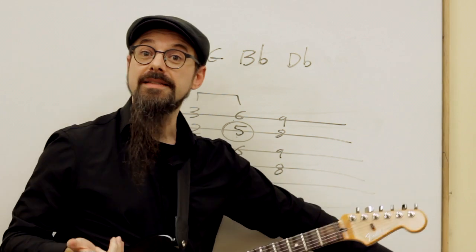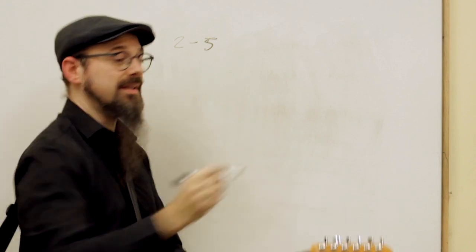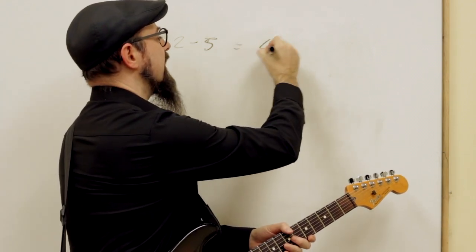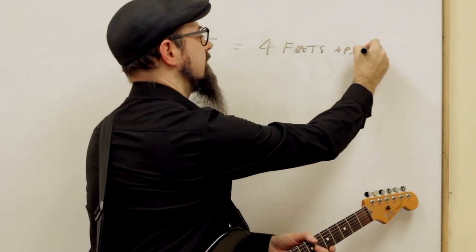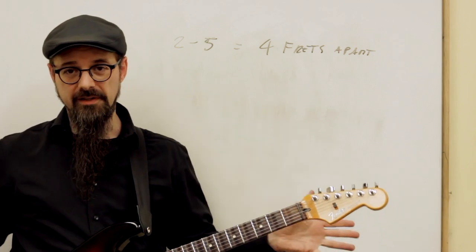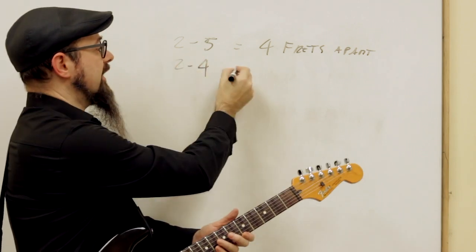He says that it's every 4 frets. Let's do this simple experiment. From fret 2 to 5, the commenter says it's essentially 4 frets apart, no? Every 4 frets or 4 frets apart. We agree on that? Fantastic. So from fret 2 to 4, it stands to logic that it's 1 fret less.